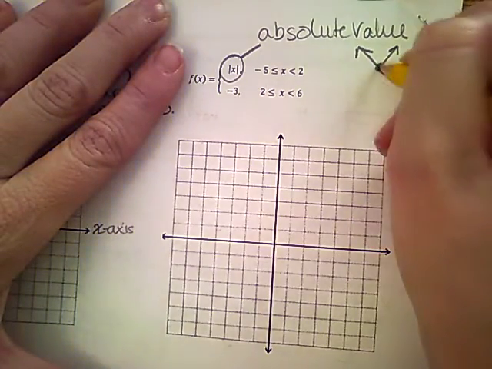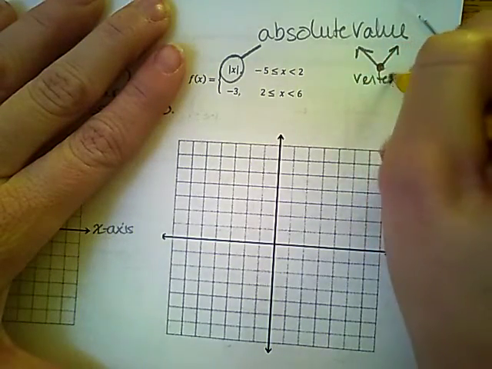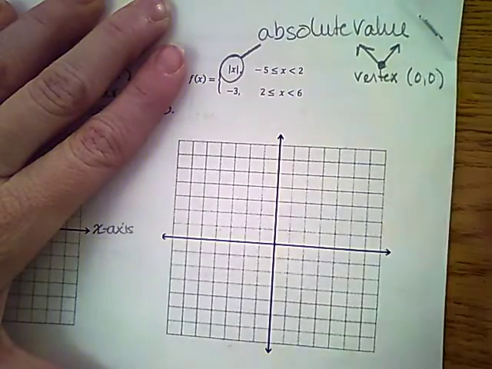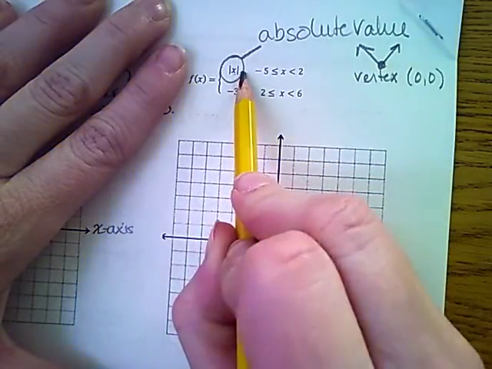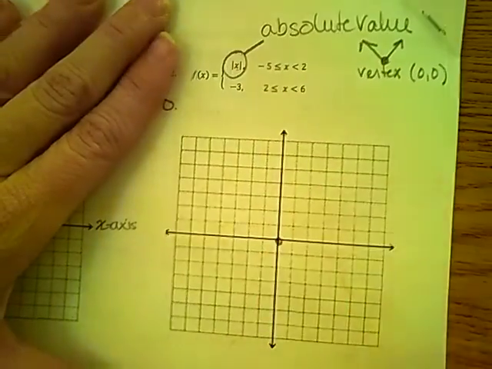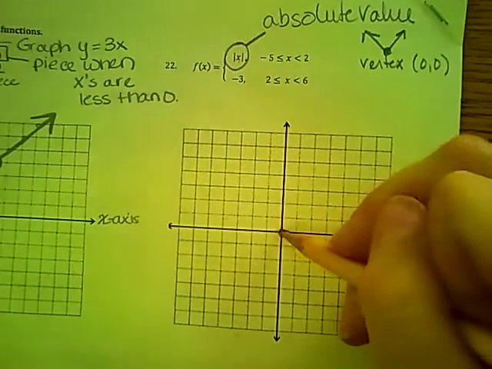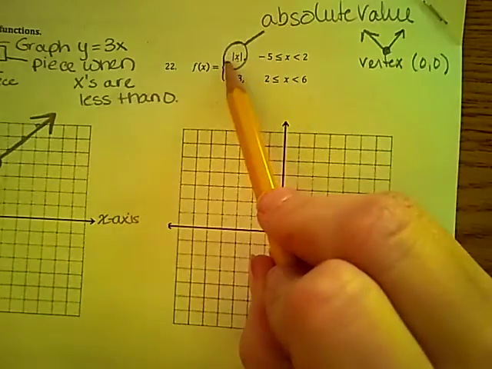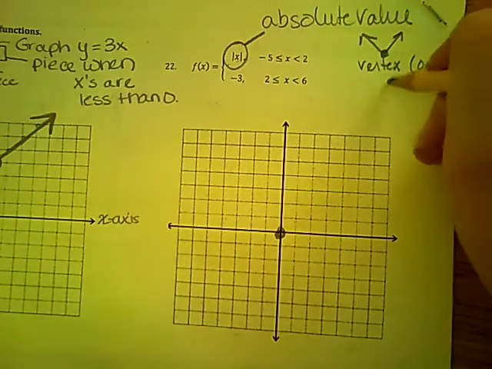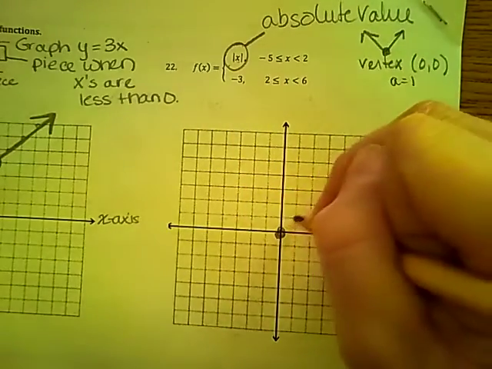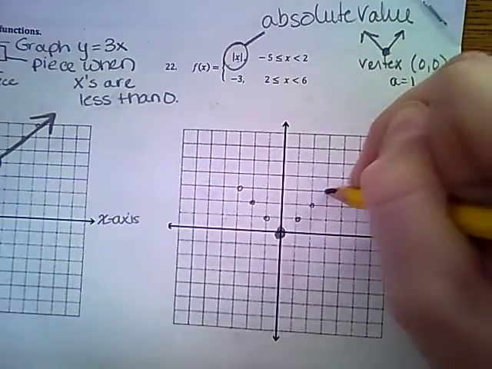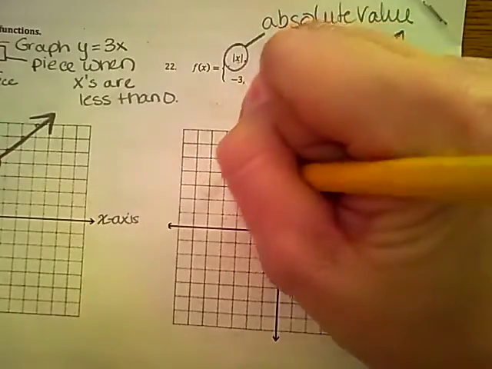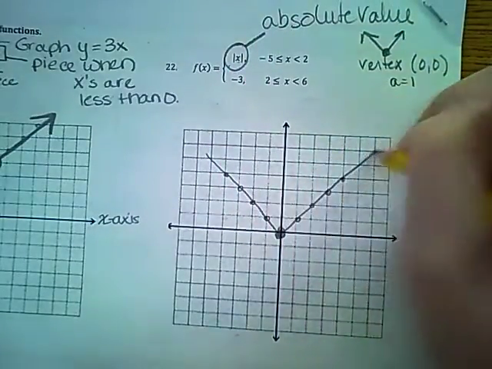Now for this function, the vertex is where? The vertex for this one is 0, 0, because there's nothing inside and nothing outside. So you're going to start at 0, 0. And A, when nothing's in the front, that means A is 1. So you go up 1 over 1, up 1 over 1, both sides.